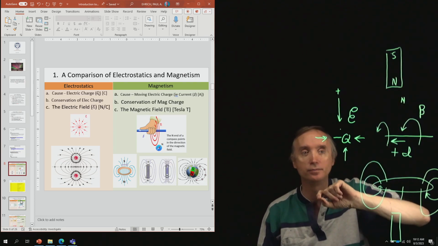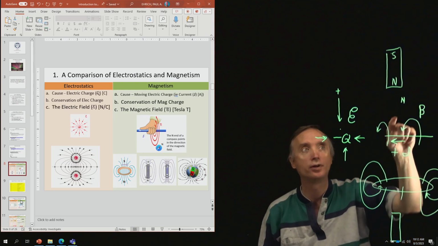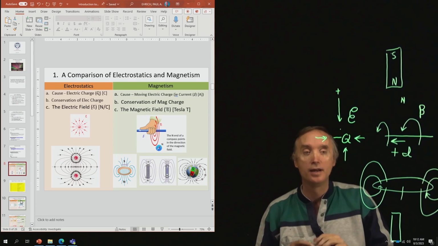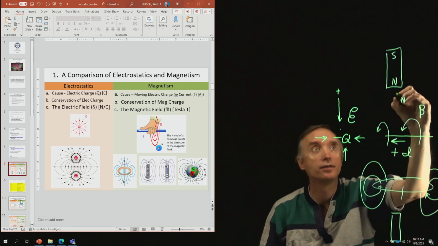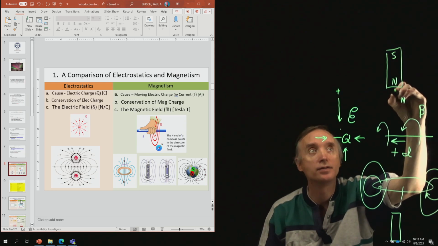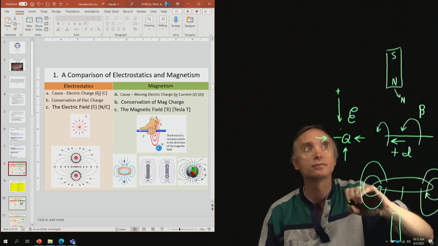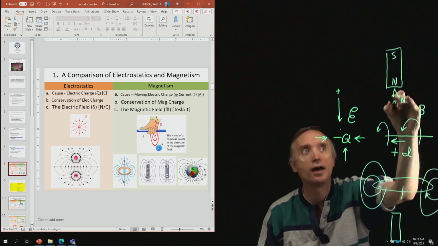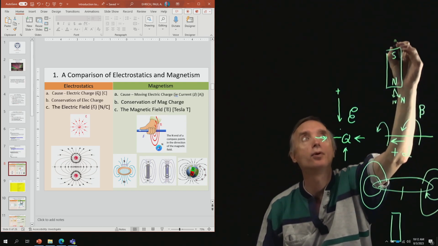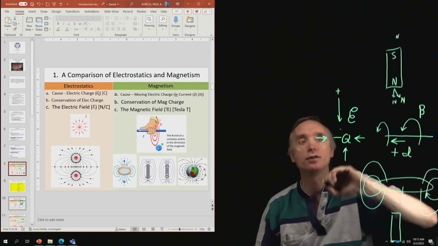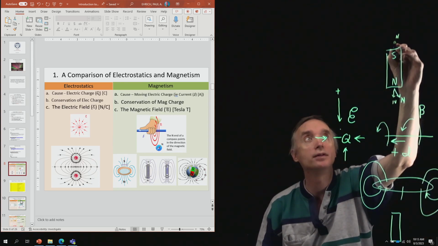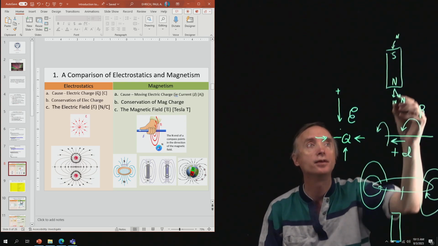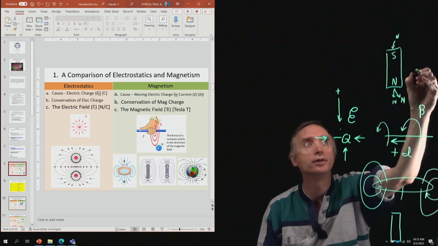So what do you think happens when a north pole interacts with the north pole? You can try it with a compass or with the magnet. It repels, so that the magnetic field is going to be coming out like this. If you took your north pole and you put it here, it would be coming out like that. But if you took your north pole and you put it up here, it's going to be attracted to it. So that means that you'd have an arrow pointing in to the magnet. And then what do you suppose would happen over here?